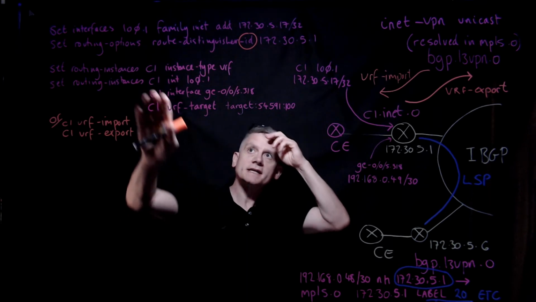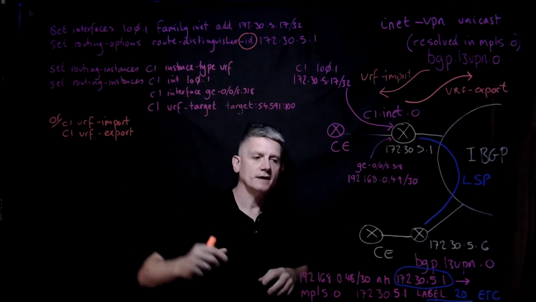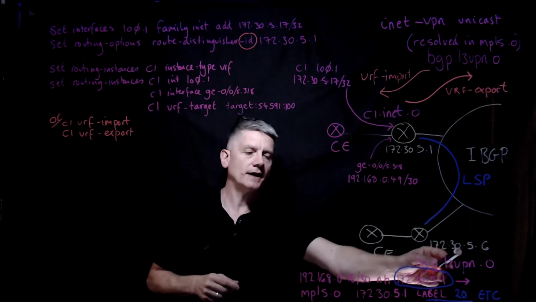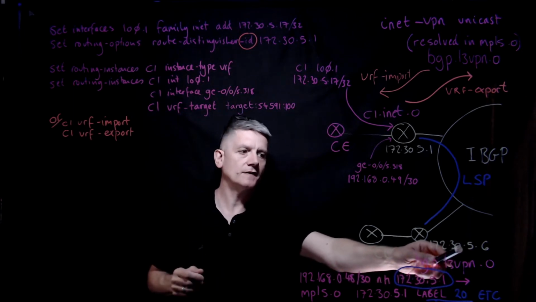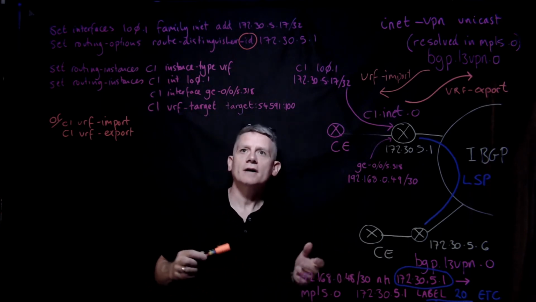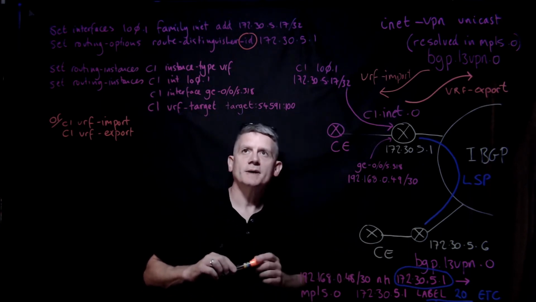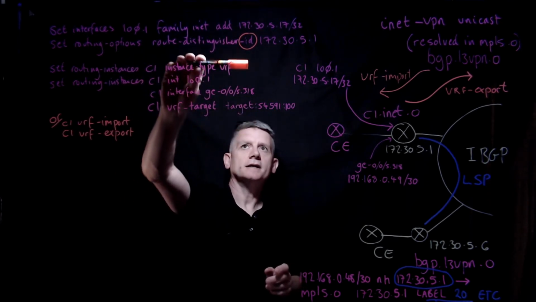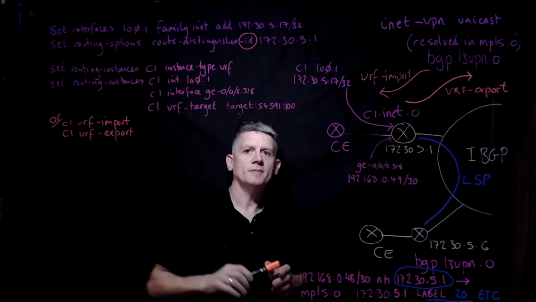So route distinguishers, as a ballpark measure, by setting them to the internal loopback, the global internal loopback of the PE device, it's going to help. Okay, so as we said, two ways to do it: set it globally or set it locally. They don't have to be the same. Better to do it by PE.